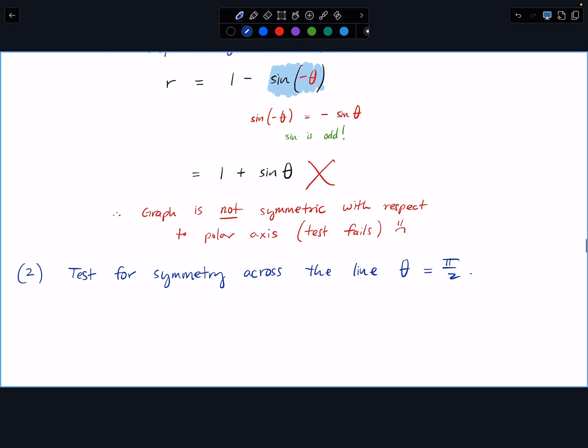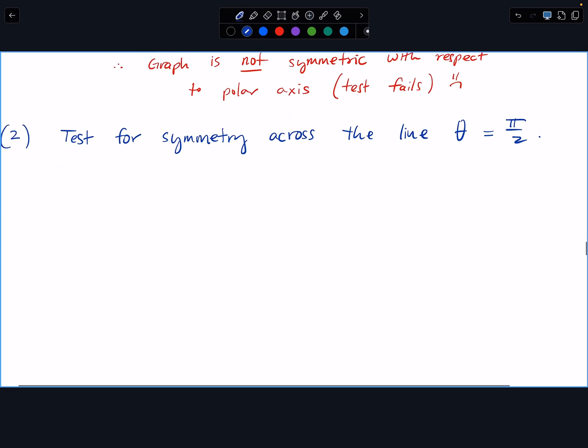Now I'm going to be honest, guys, this one is the most annoying for us to do. You ready? What does our note say to do this test? What do I need to replace? Yes, pi minus theta.